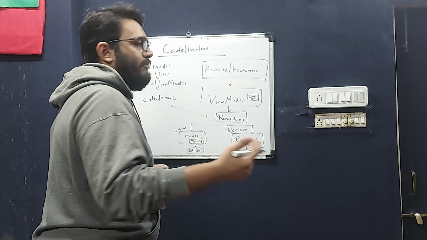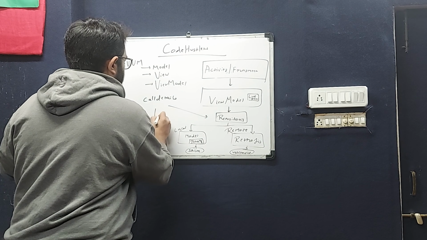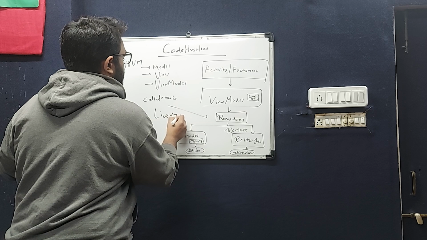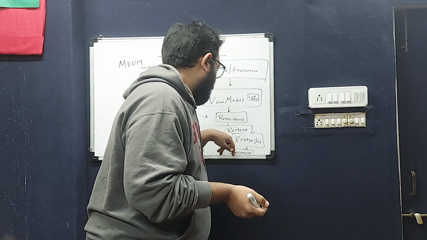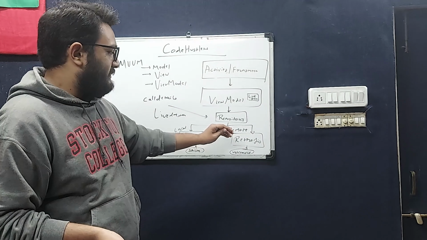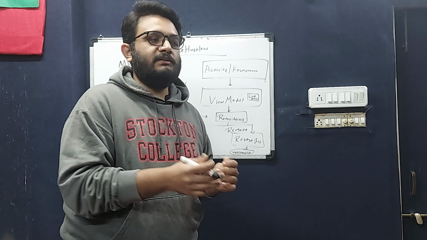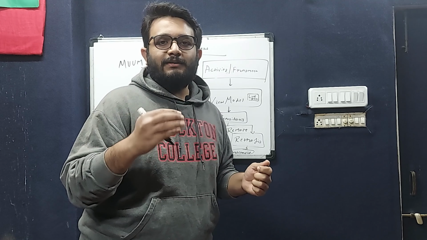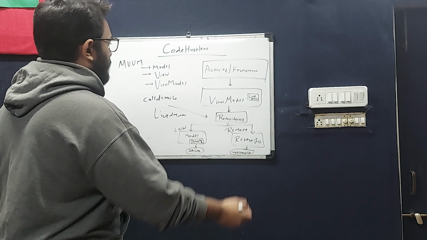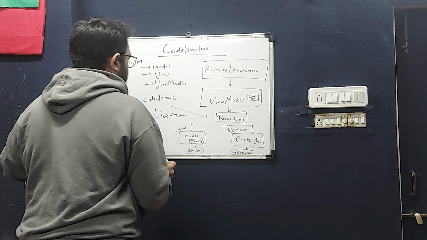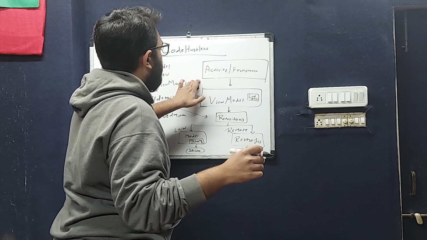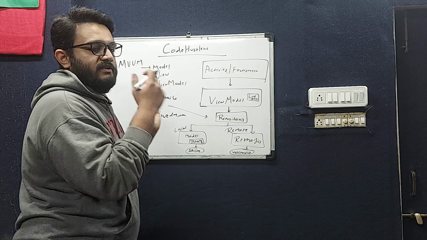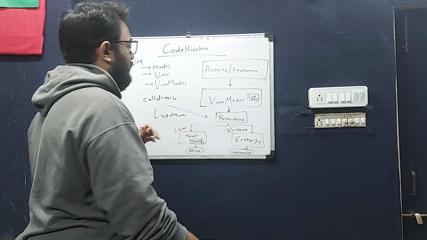So how does this LiveData help us? Whenever the API response comes, it works like the consumer and subscriber pattern you must have heard about. From the ViewModel we'll be calling the API, and we'll create a variable which will be a LiveData variable.